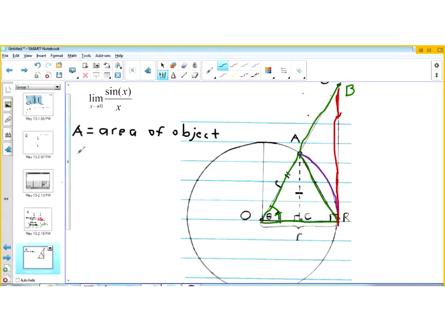If I write the area of triangle OAR, you see triangle OAR, it's in green, so I write triangle OAR with a little triangle symbol before it. You can kind of visualize the area of that triangle. That happens to be less than the area of sector OAR.